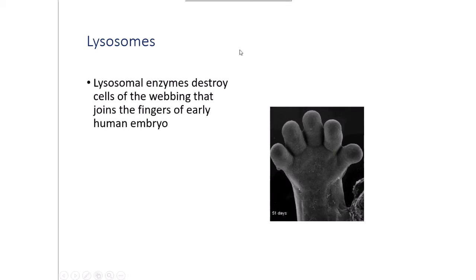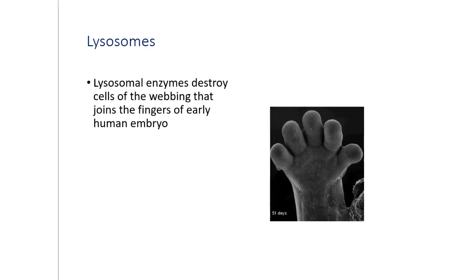Sometimes lysosomes are going to release all of their enzymes into the cytoplasm of the cell, and in that case, the cell is going to die as a result of all these digestive chemicals being released simultaneously. And that type of behavior is sometimes deliberate.